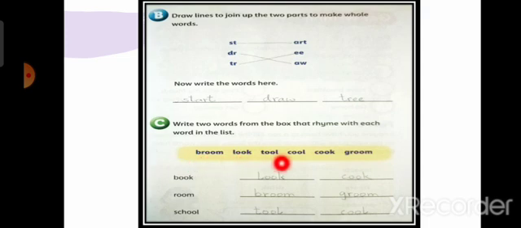Look and cook are rhyming with book. Broom and groom rhyme with room. Tool and cool are the rhyming words of school. That's great. All have the same ending sounds.